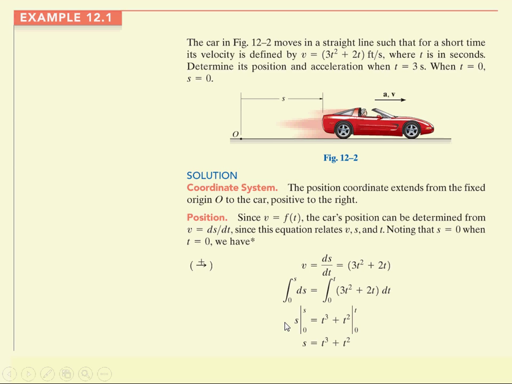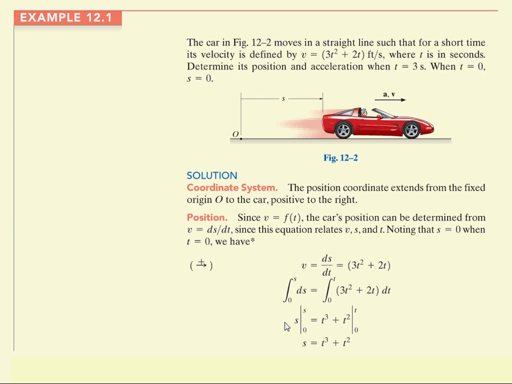So you integrate, between 0 and s, it is going to be equal to 3 times t to the n plus 1 divided by n plus 1, so 3t cubed divided by 3, plus 2t squared divided by 2, which is just t squared, and the other one is just t cubed. So between 0 and t, s is t cubed plus t squared. So that's how the position changes.